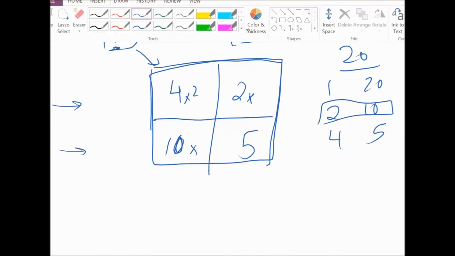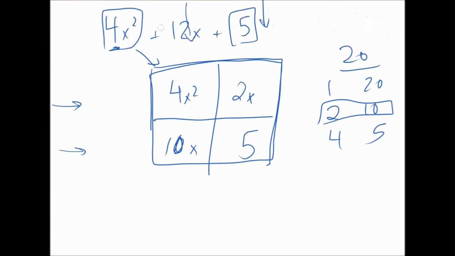I'll grab a different color. So from 10x and 5, we can factor out just the number 5. From 4x squared and 2x, we can factor out a 2 and 1x. From 4x squared and 10x, so going this direction, we can factor out another 2 and an x.